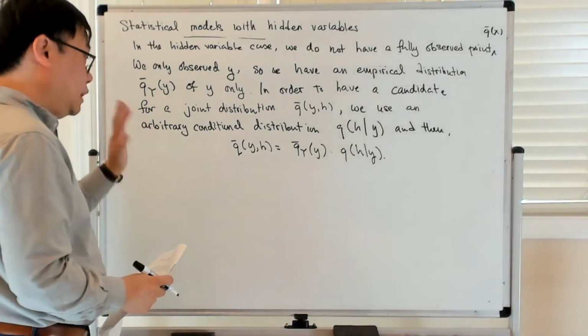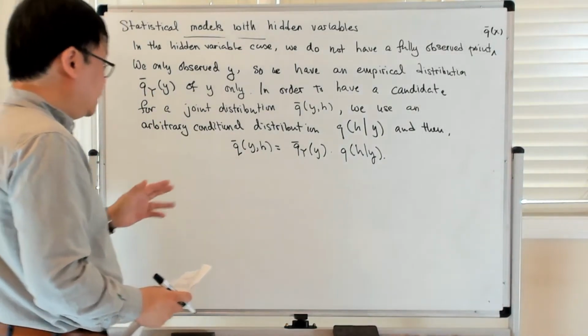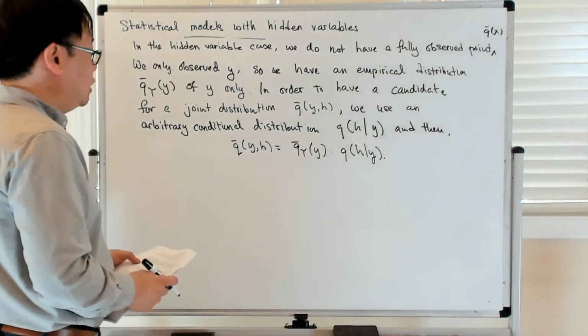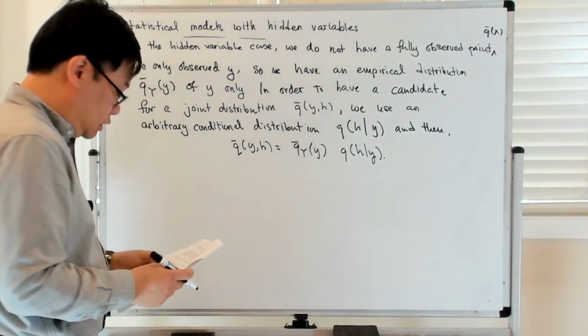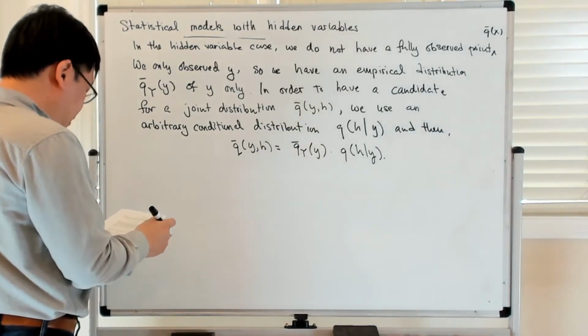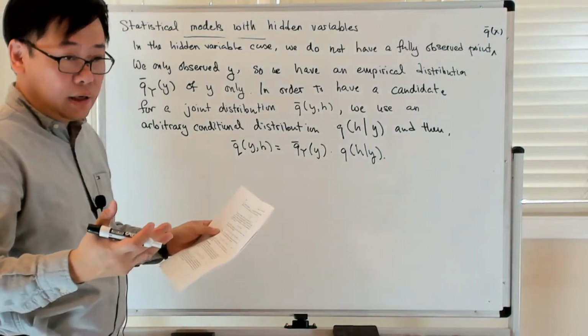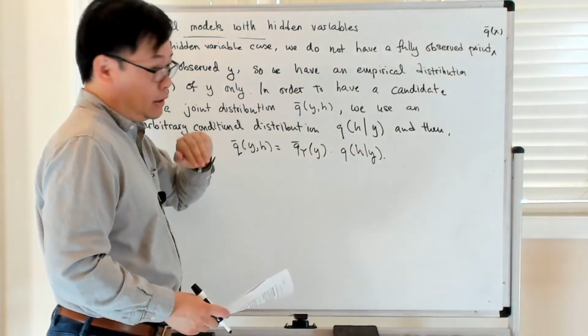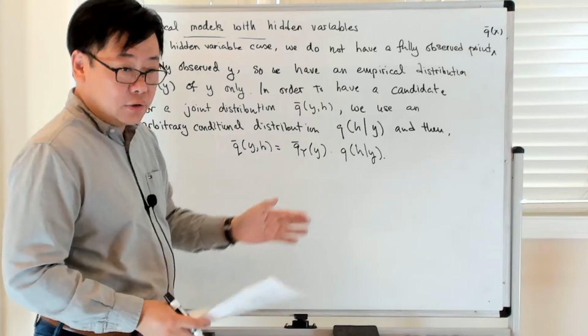So you might immediately object: how do you go about choosing this conditional probability Q of h conditioned on y, right? When in doubt, you have no reason to prefer one of these conditional probability distributions over another, so we're going to consider all of them.